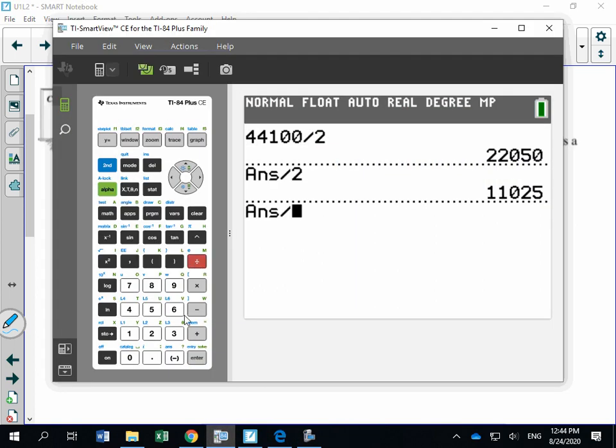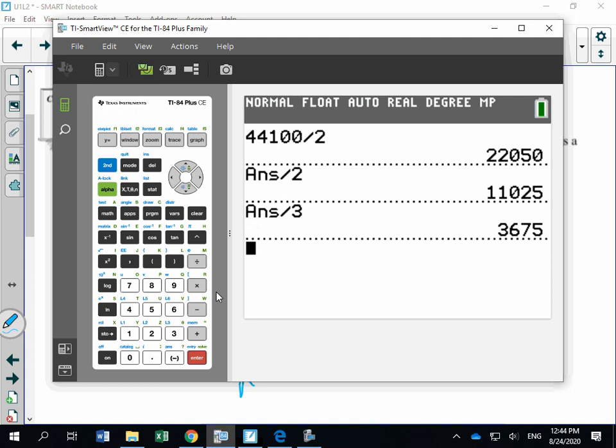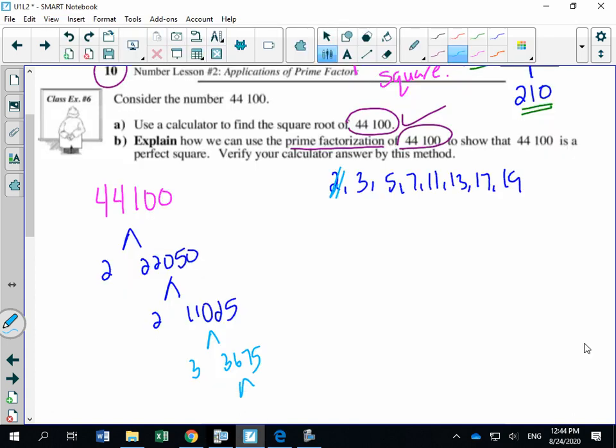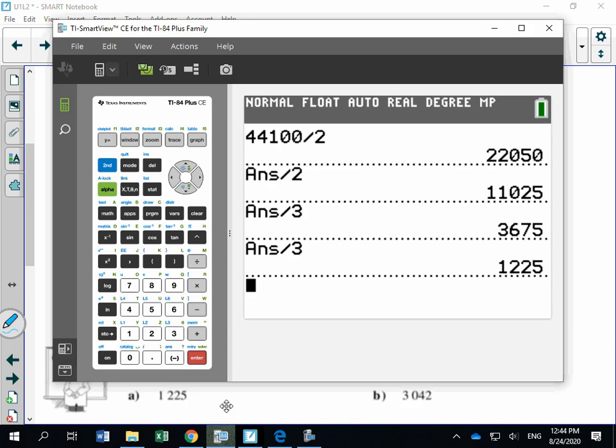This number divided by 3 is 3675. Let's check 3 again. That gives 1225. Keep using 3 until 3 no longer works.